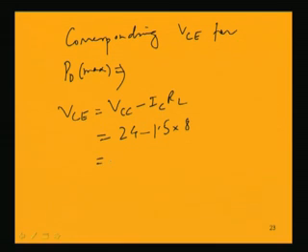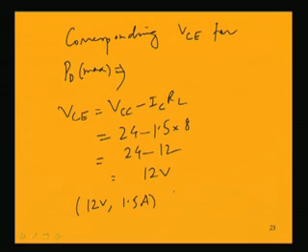So, that is 24 minus 12, that means 12 volt. So, we got a point for maximum power dissipation as 12 volt, 1.5 ampere for PD max.